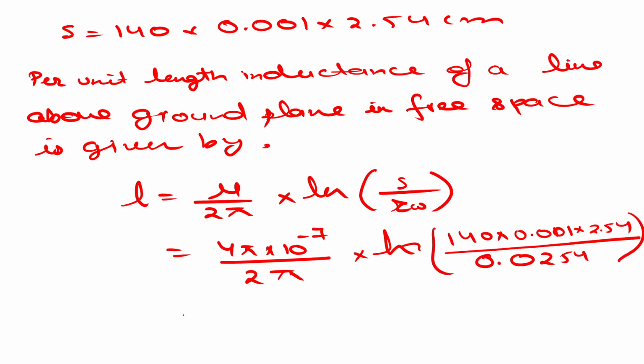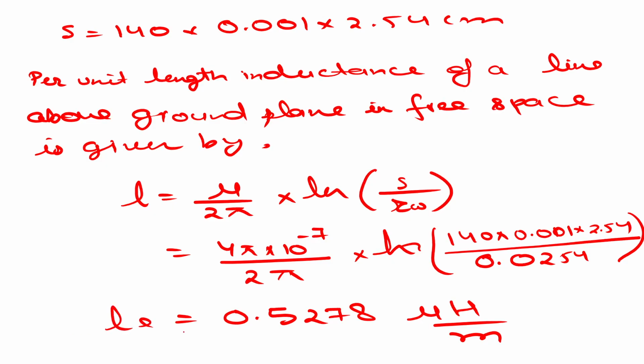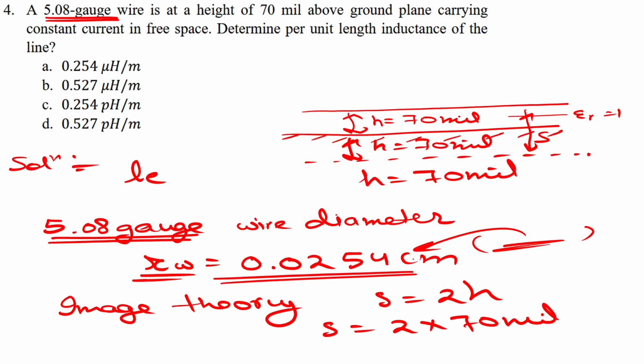When you solve this, the solution comes out to be 0.5278 microhenry per meter. This is inductance per unit length for a single wire. If you match it with the given options, the correct option is option B, 0.527 microhenry per meter.